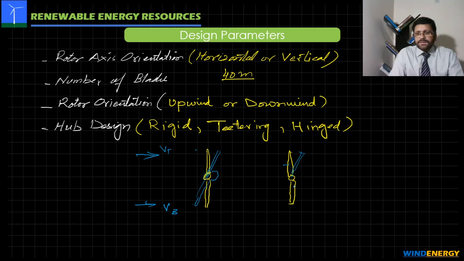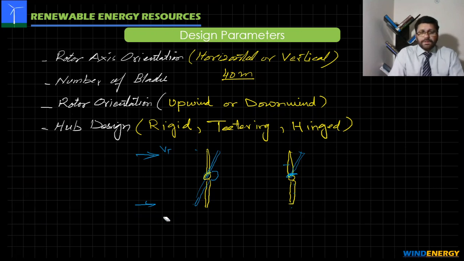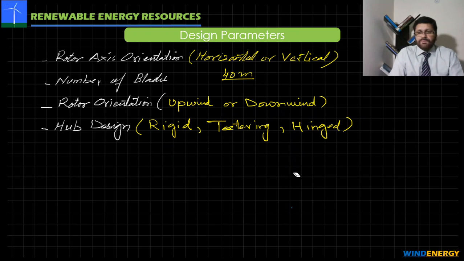The other blades remain at the same place, but independently these are hinged. So these are the three design considerations for hub design. These are rigid for the small size wind turbines and preferably hinged for the large size wind turbines.